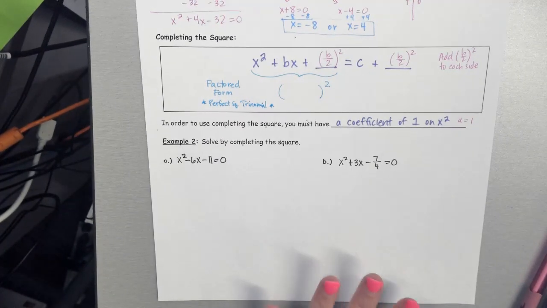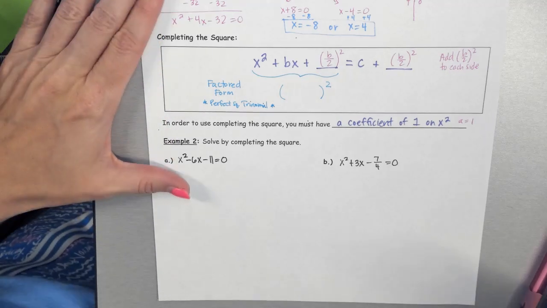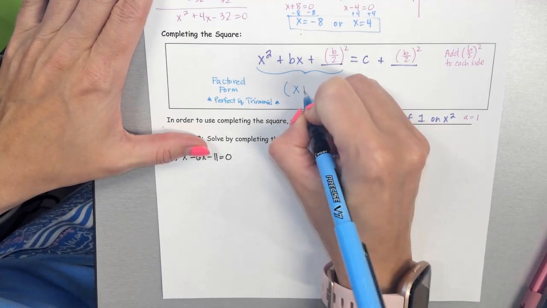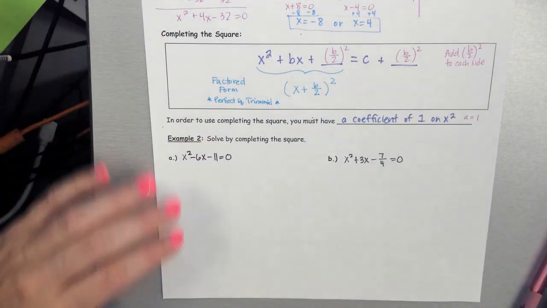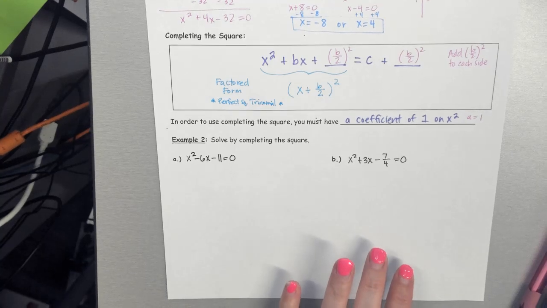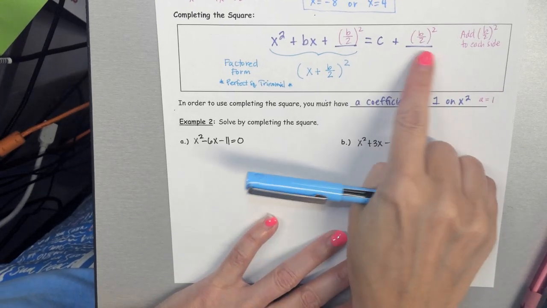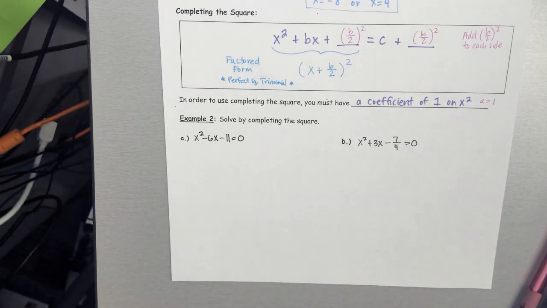So when you end up factoring this, and I'm going to show you some examples with numbers as well, I just want to make sure we understand how this works. You're going to have x plus, and then whatever this b over 2 is goes in the factored form. Okay, and then from there, we're just going to solve. So we would simplify this side.